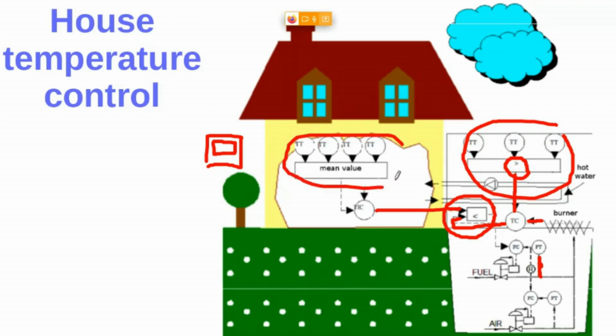Here we have also a selection control strategy, just because at the end, we apply the mean value among all these temperature measurements, right? So because we are selecting on several measurements, we can say that we have a selection control structure. And this process variable comes to the controller.